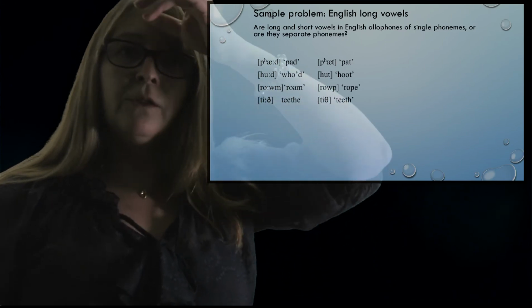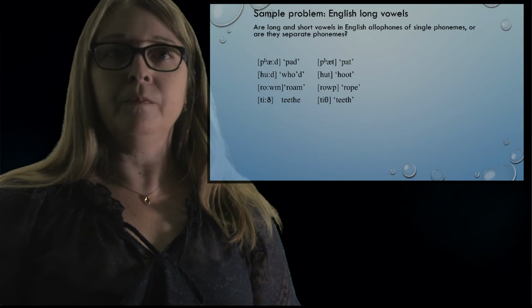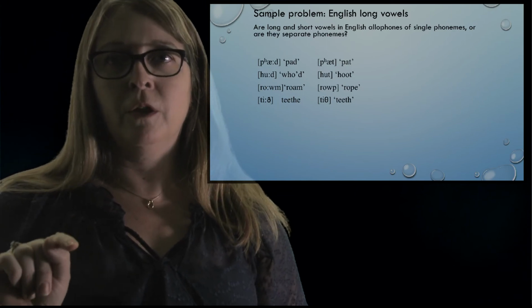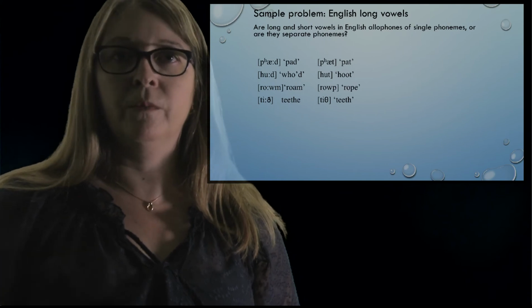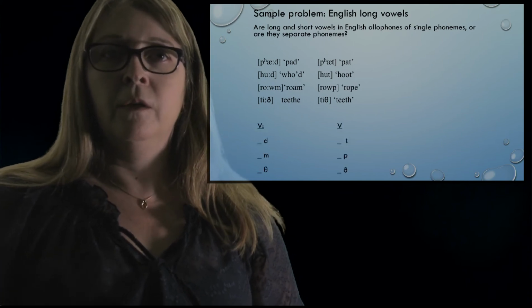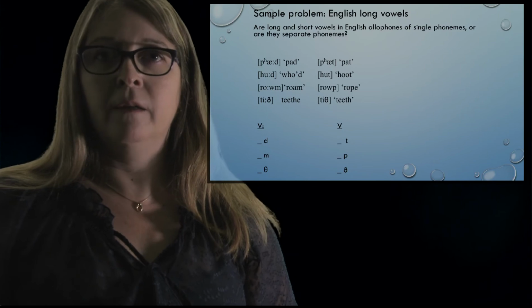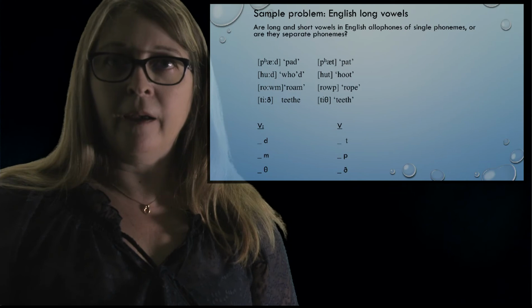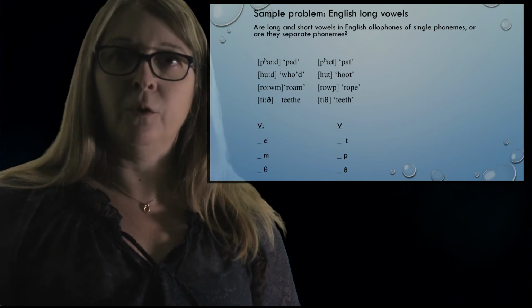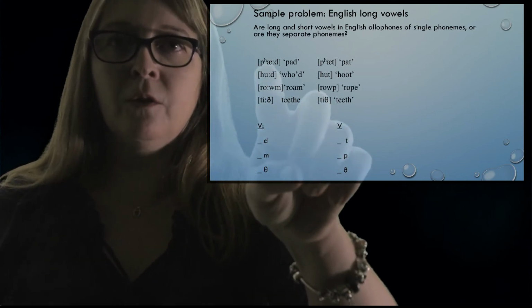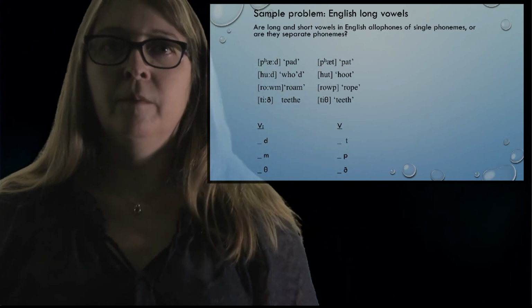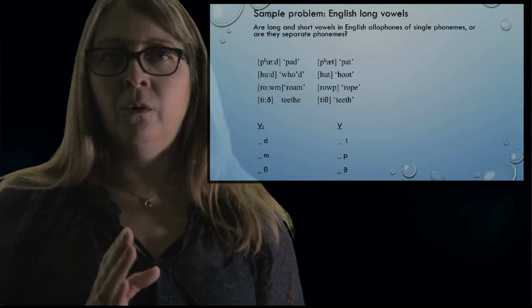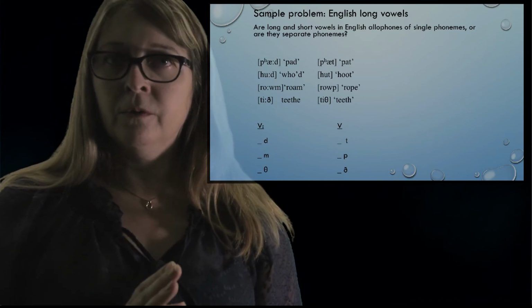Sample problem, English long vowels. Think about if a long vowel in English changes the meaning of a word. Okay, let's look at this. So we have pad and pat. Pad, the A is a little bit longer. Remember, this colon means elongated. Pad, pat, shorter. Hood, hoot.